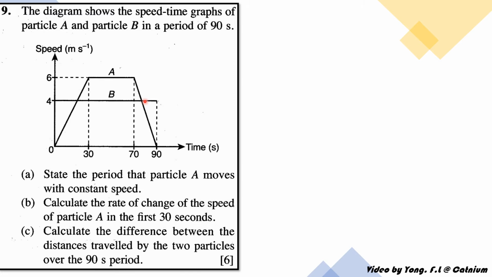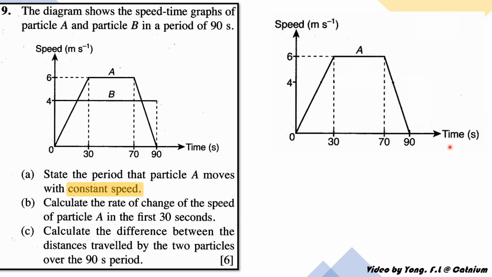Okay, so now we look at A first. For A, they look for particle A only. They are not looking for B. So garis B tidak ada kaitan. Now we have a look. Jadi saya keluarkan graf dia, saya buang garis B. Why?